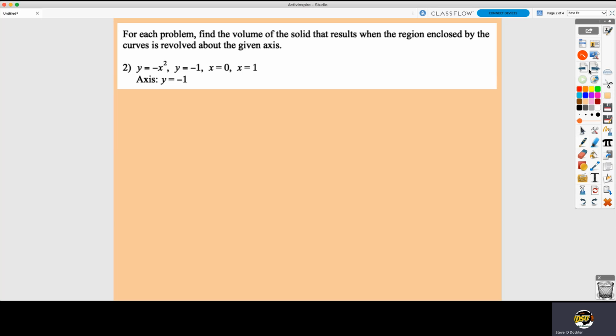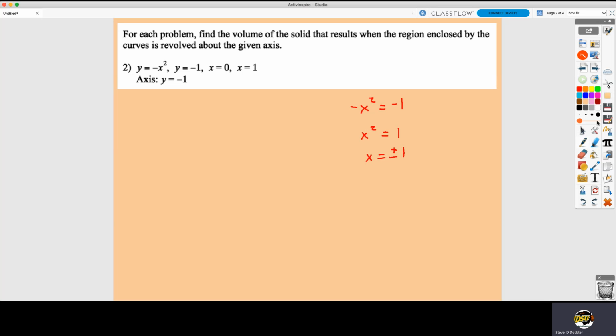You should do that to check to see if there's anything within your restrictions this time. When you set them equal to each other, do you get any new points that we have to deal with?